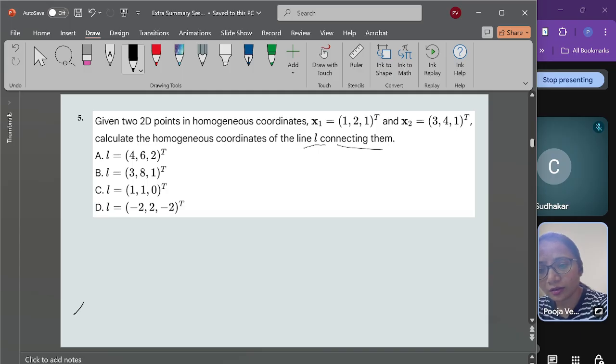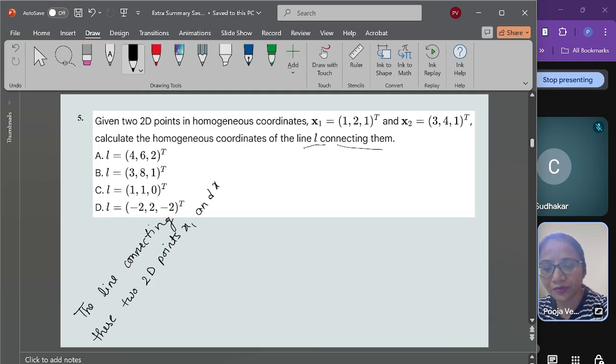The line connecting these two 2D points, x1 and x2, is calculated by their cross product, right?